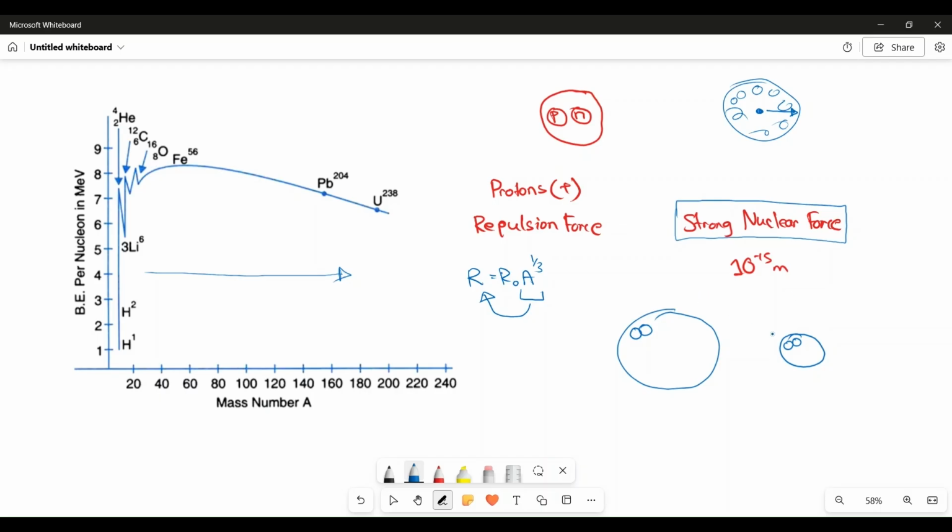So in this pair they are in contact, so they have a strong nuclear force, and their impact in this area exists, but in the bigger nucleus their impact in this area exists very weakly. That is the case in a larger nucleus.